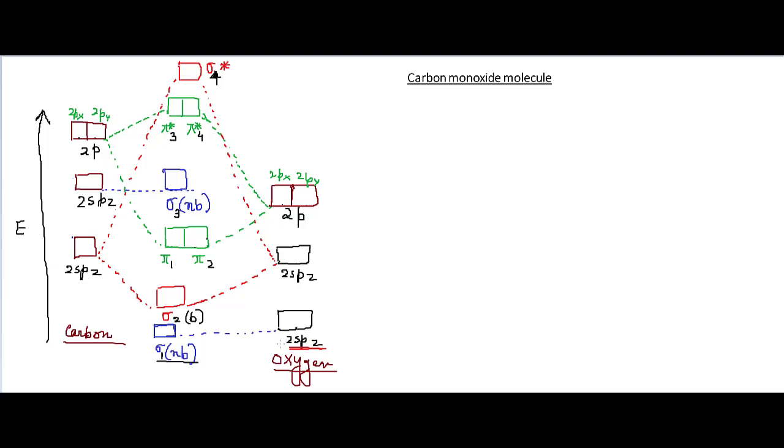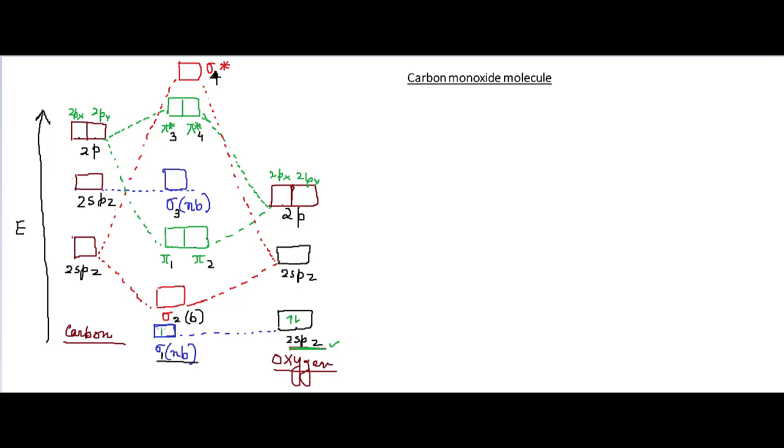Okay, now first of all, the lowermost oxygen. This will go by order of energy. So let's start with the lowermost atomic orbital, that is the 2spz hybridized orbital of oxygen. Since it is independent, it will contain 2 electrons, right?